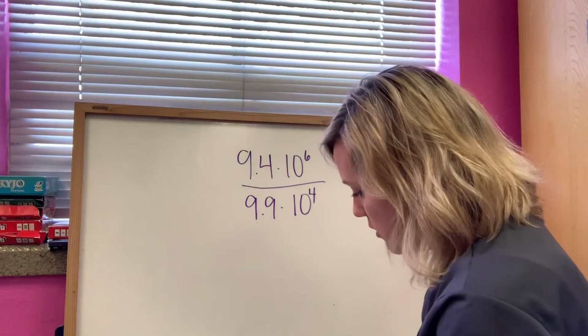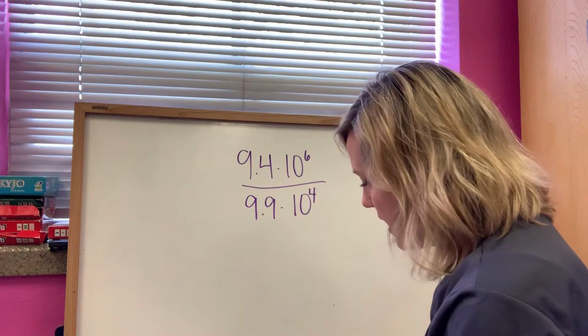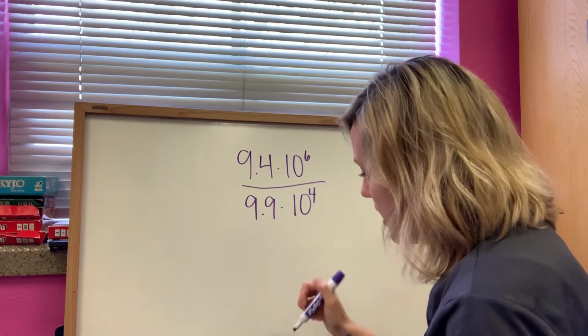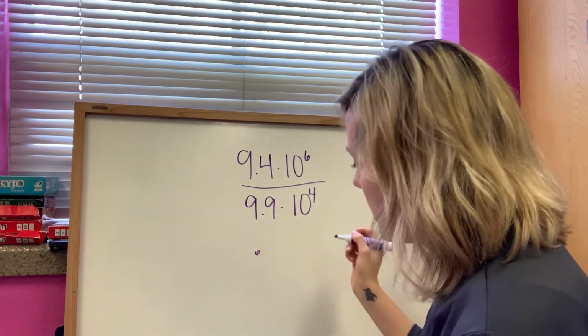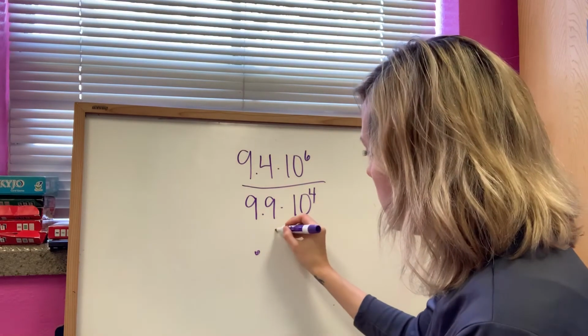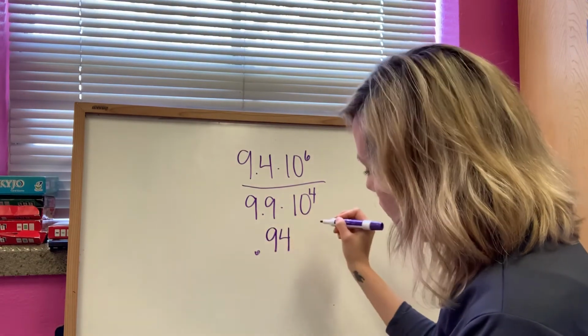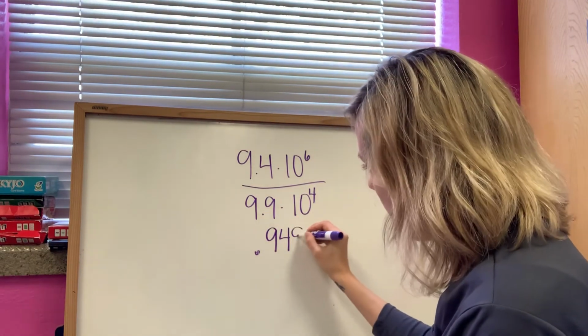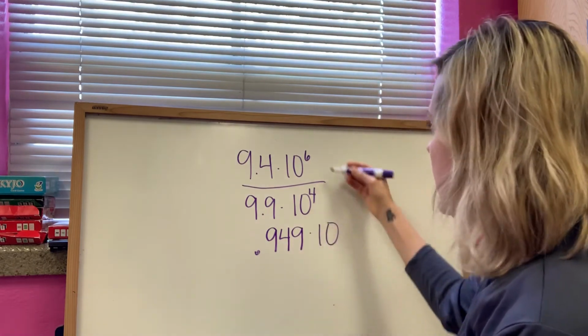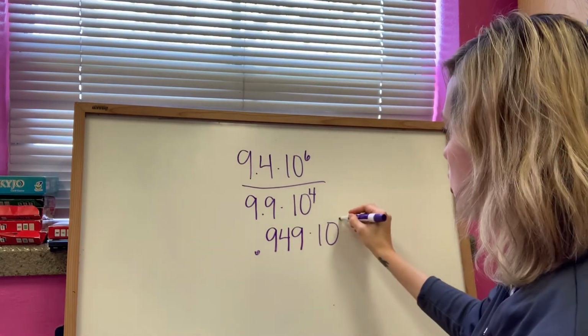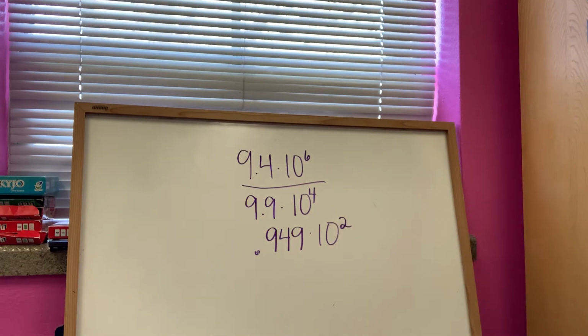Okay, so 9.4 divided by 9.9 gives us 0.9494 repeating, so that's going to round to 0.949 times 10. 6 minus 4 is 2. Okay, so this teeny tiny number times 10 squared.